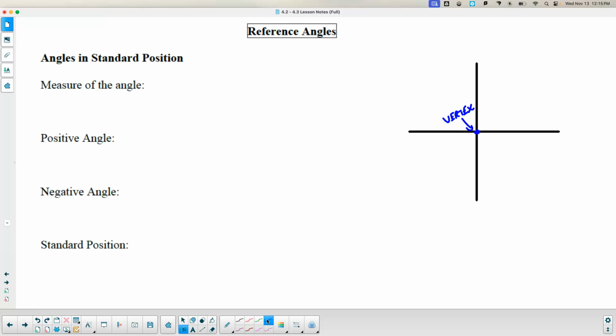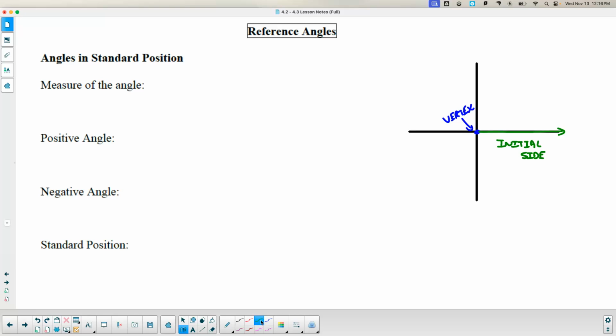Okay. Then it has something called an initial side. The initial side would run along the positive x-axis. If we're in standard position, the initial side is on the positive x-axis and the vertex is at the origin.